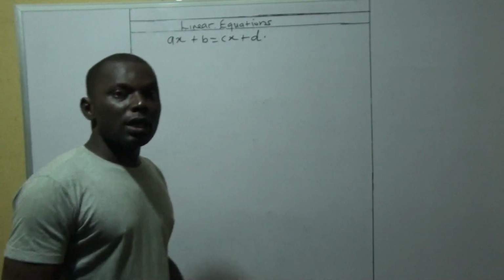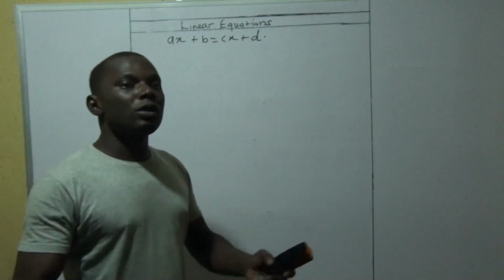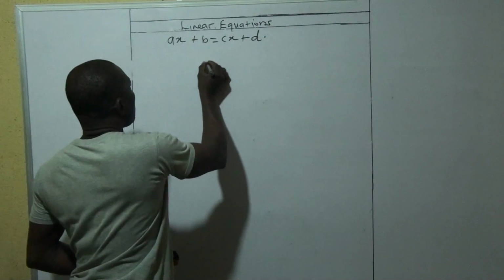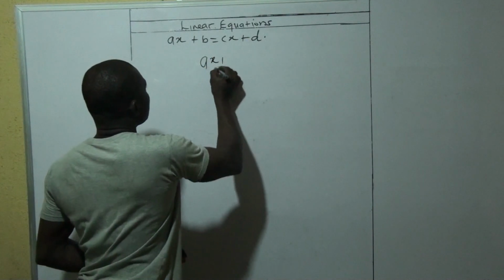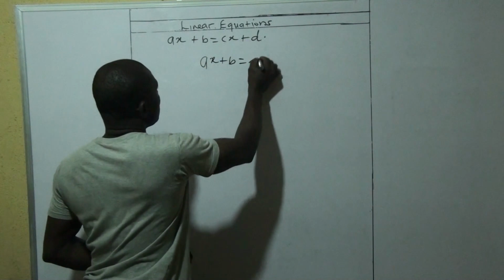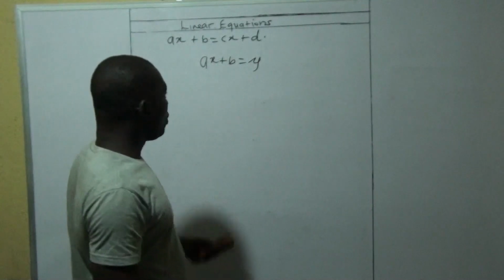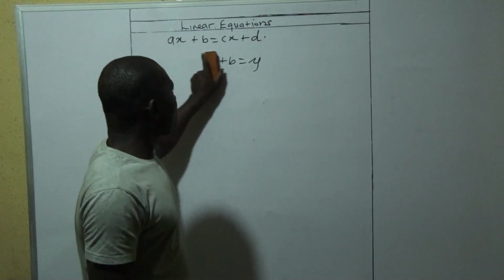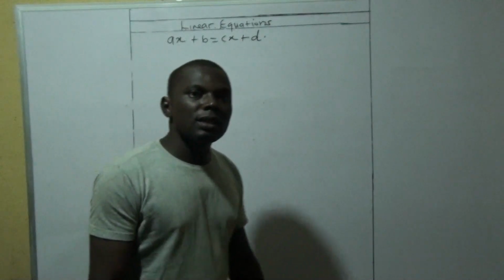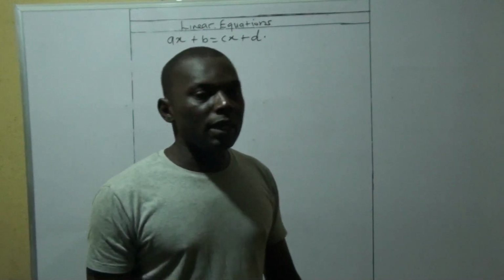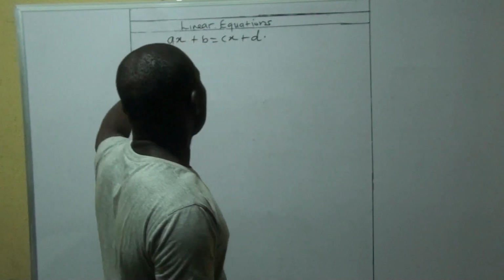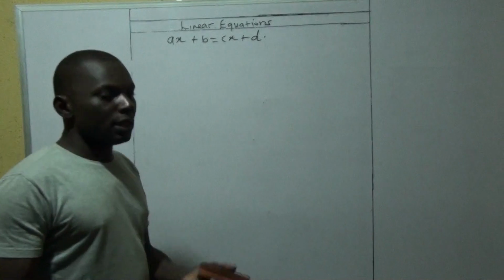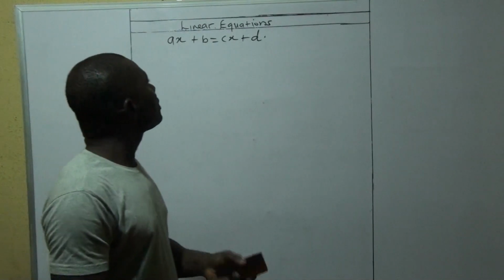In our previous class, we looked at how to resolve a linear equation of this form: ax plus b equals y. That is the one we did in our previous class, but today we are going to look at how we resolve a linear equation of this form. If you look at this equation, we have two sides.